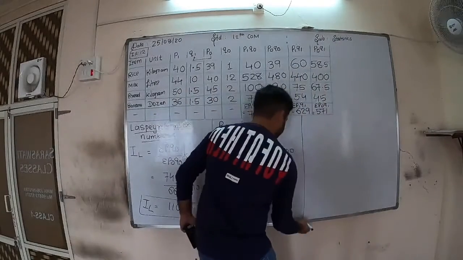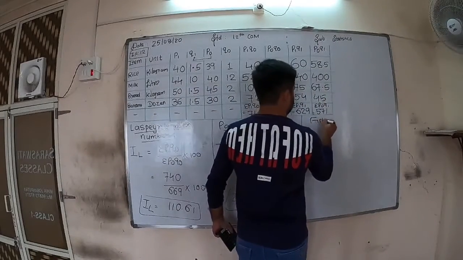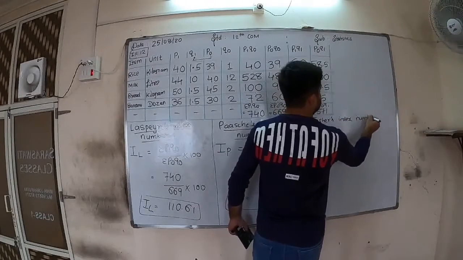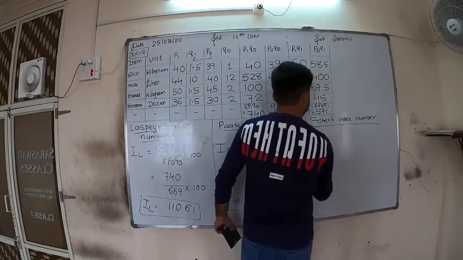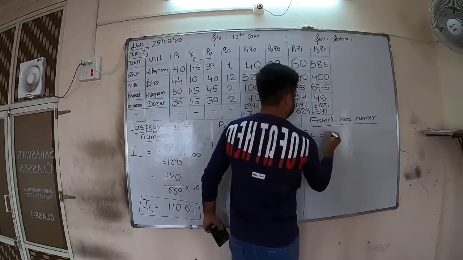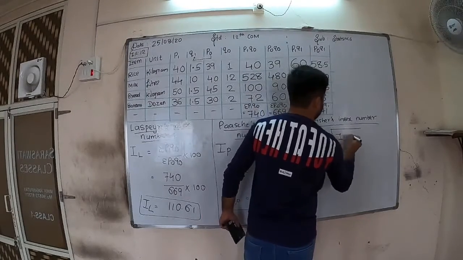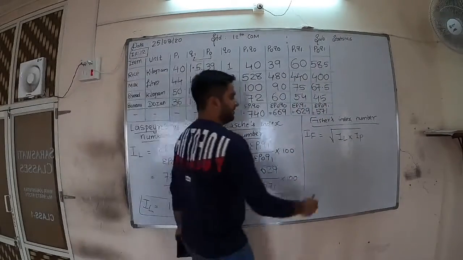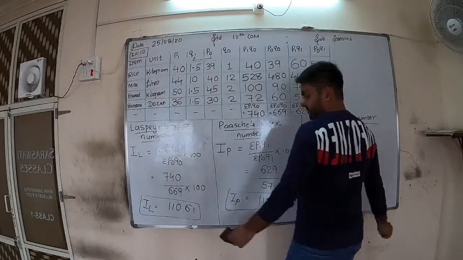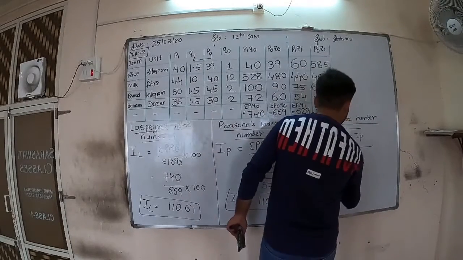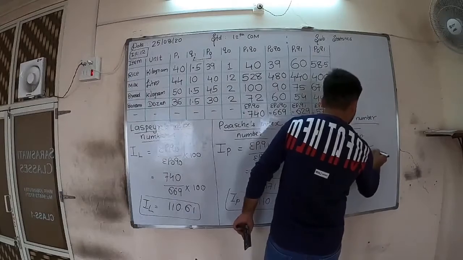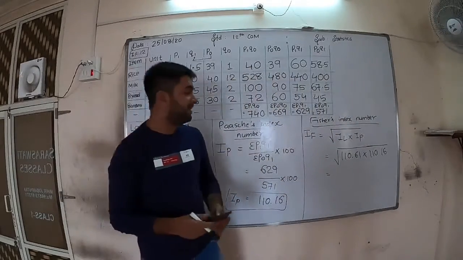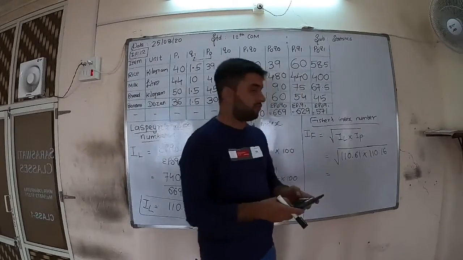Now Fisher's index number. IF is equal to square root of IL into IP. Okay, so 110.61 into 110.16, and what I said, answer will be in between of both two.